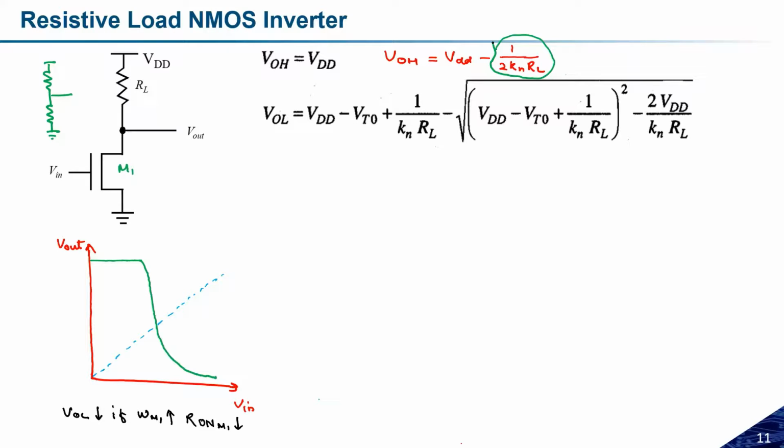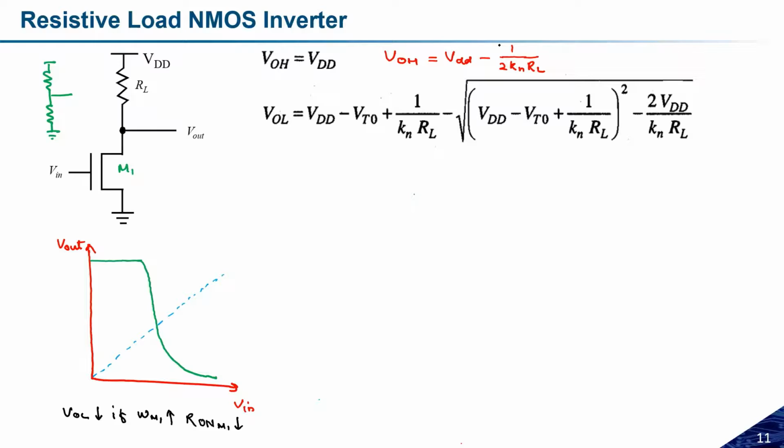That factor will start dominating RL, so VOH will be something like this. This is a really important parameter that you need to consider: when this VOH will be VDD, and when this VOH will be VDD minus 1 upon 2 Kn into RL.